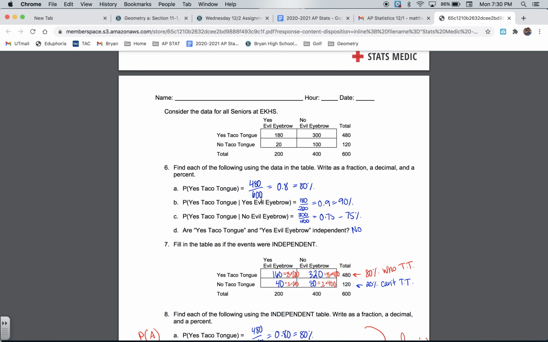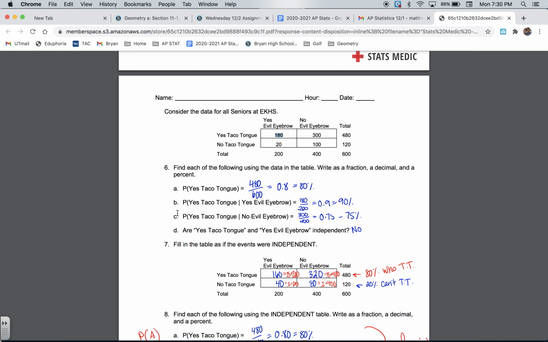All right, so the given category is all the people in the evil eyebrow. So of these 200 people who can do evil eyebrow, how many of them are also yes on taco tongue? So that was 180 out of 200, which is 90%, 0.9.